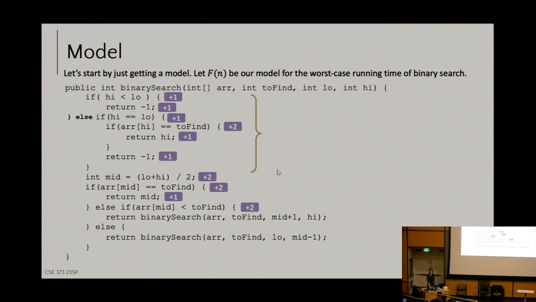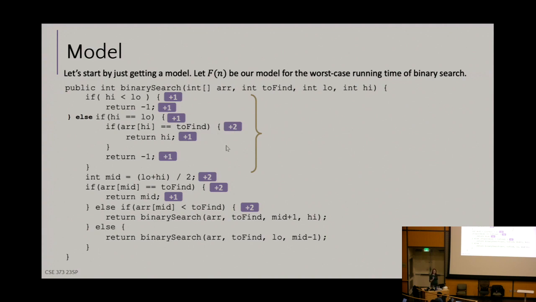If I just talk about the code model for the base case here, here's an okay example. First, we're going to check this if statement, so that's going to be +1. If it's true, I return, so there's a +1. But if this is not true, then I need to do this check again, and then I need to do this check, which might be down here or down here.